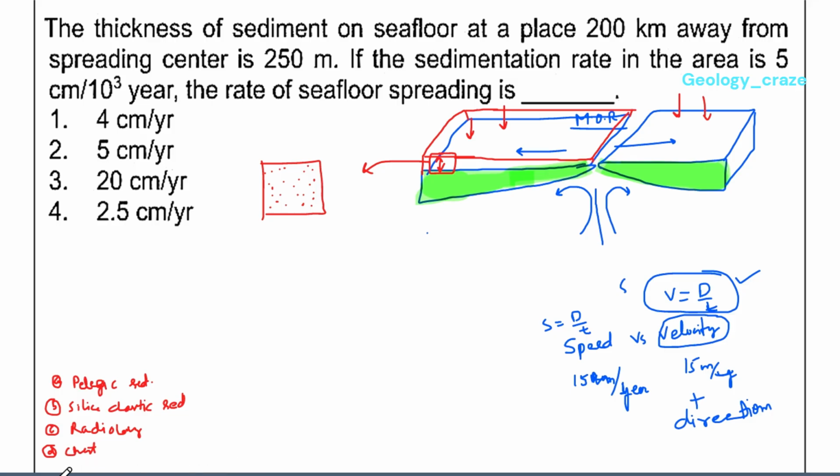And option E is carbonate and evaporite deposits, sediments, sedimentary rock, anything.